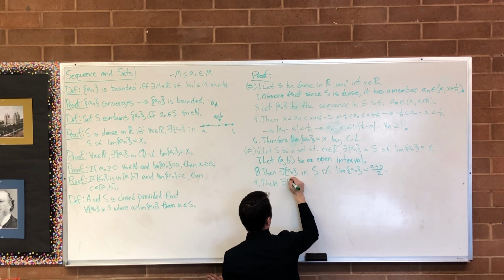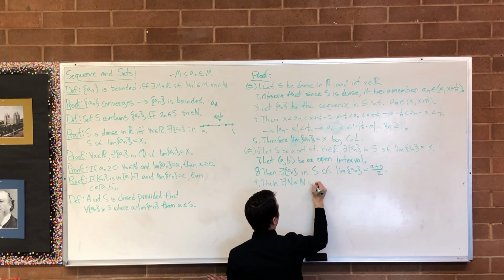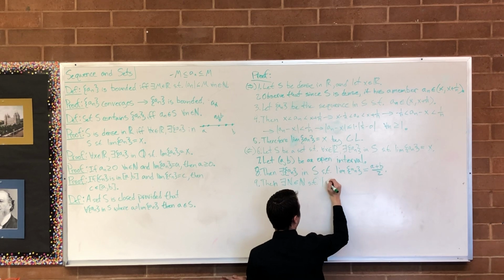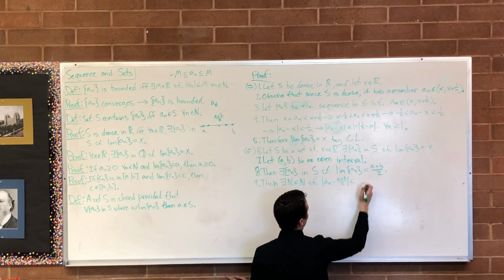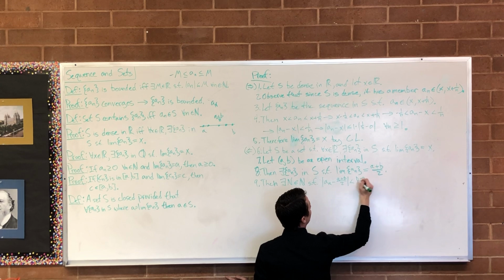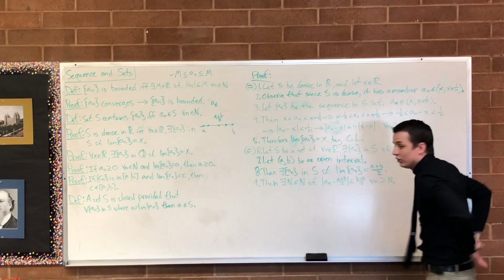There exists some index n such that the absolute value of the terms in my sequence minus what they converge to is less than any epsilon I pick from that index onwards. Right?